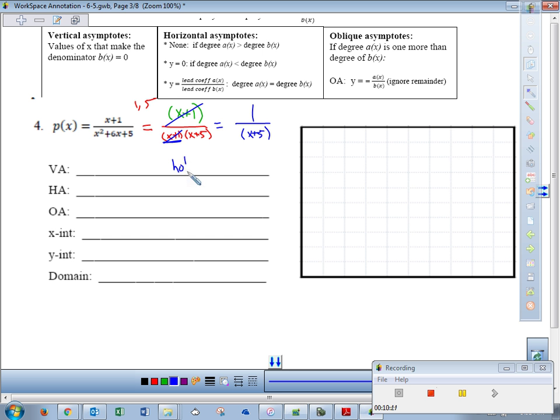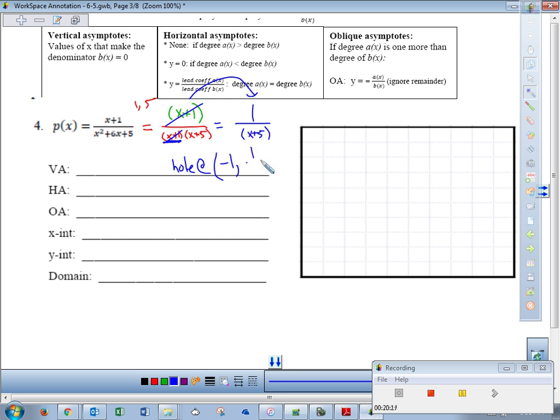You have to tell me that there's a hole in the graph at what value of x makes that 0? Negative 1. Right? And then you have to find the y value of that by putting negative 1 in for x, but you don't want to put it into this math, you want to put it into that math. If you put negative 1 in for x, wouldn't you get 1 over negative 1 plus 5? How much?